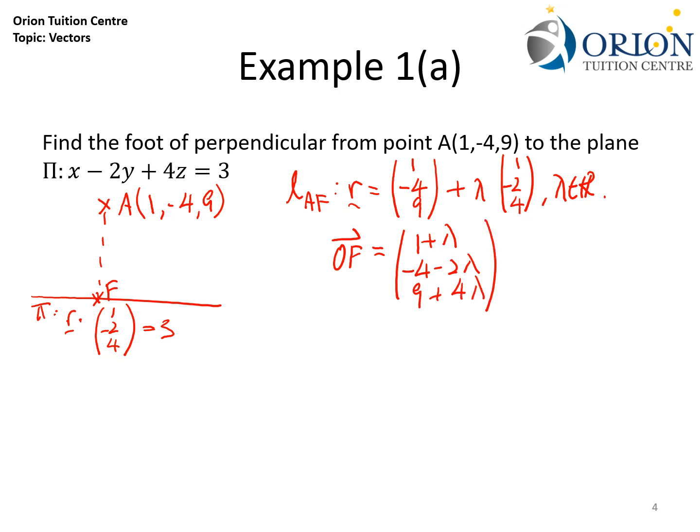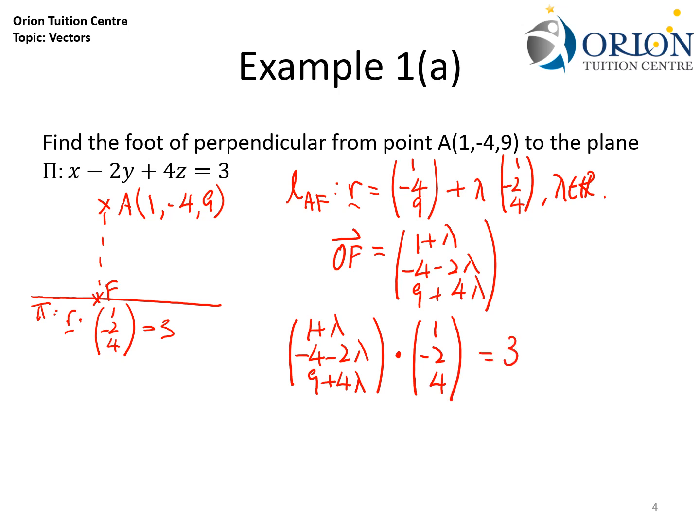And since point F lies on the plane, (1 + lambda, -4 - 2 lambda, 9 + 4 lambda) dot (1, -2, 4) must be equal to 3.